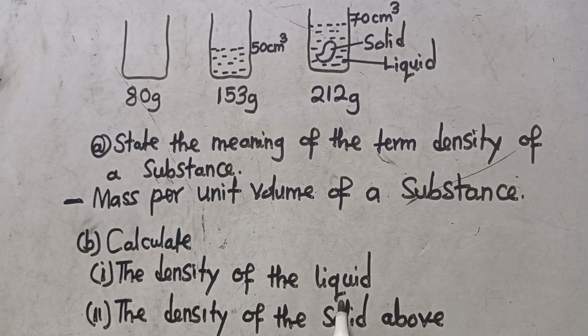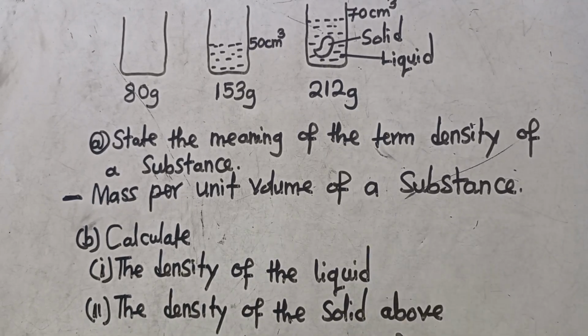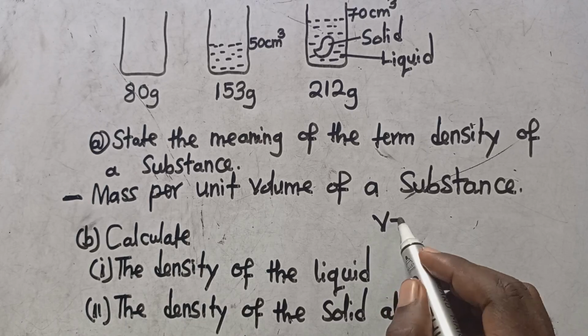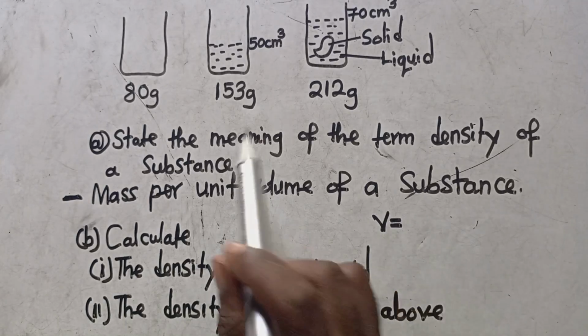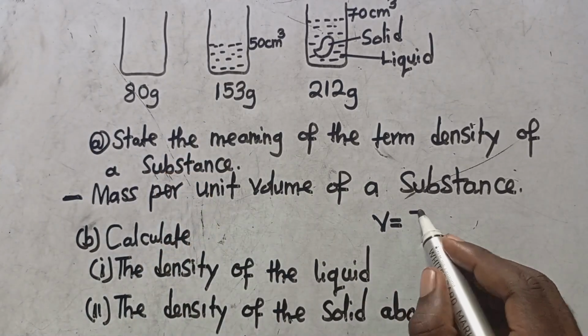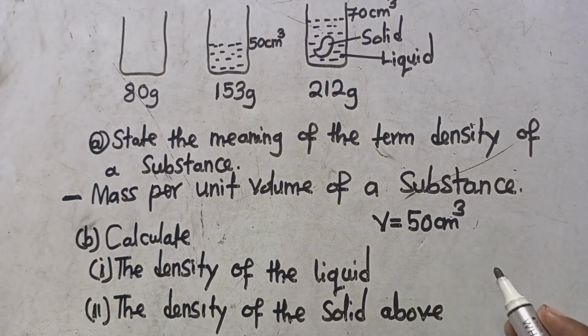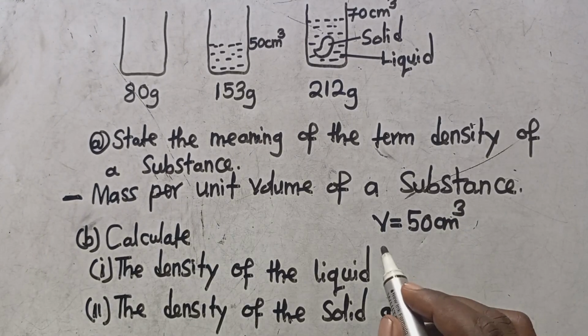So you also need to understand that for us to calculate these questions, the density of the liquid, how do we calculate the density of the liquid? What is the volume of the liquid? This is the liquid. We are given 50 cm³. We also need to have the mass.